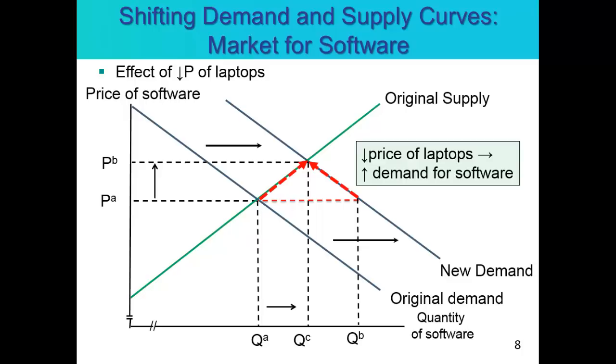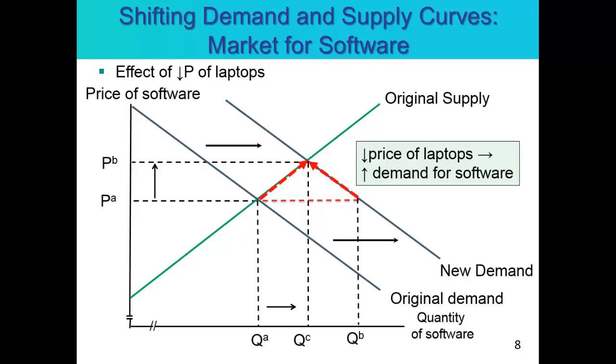Now, one thing I didn't talk about before is that this market shows us not only what the price and the quantity will be, but it also lets you know that not everybody is going to be able to buy and sell the product. If we just focus on the new equilibrium here, only those buyers who are willing to pay at least PB, this new equilibrium price, are going to be the ones who get the product.